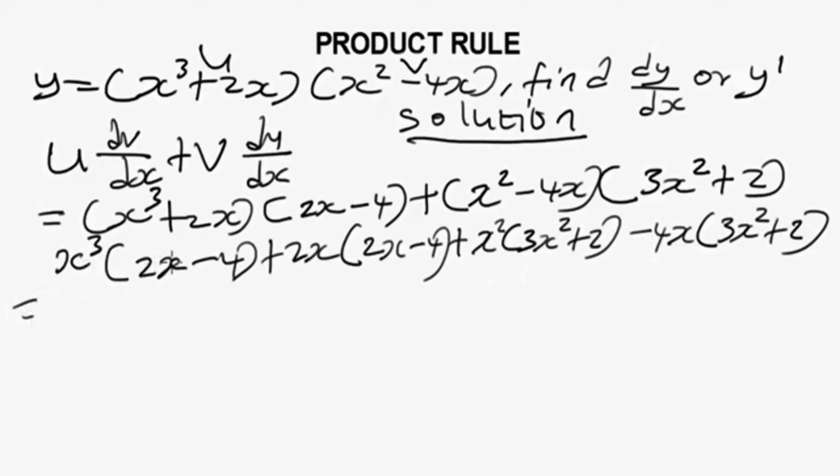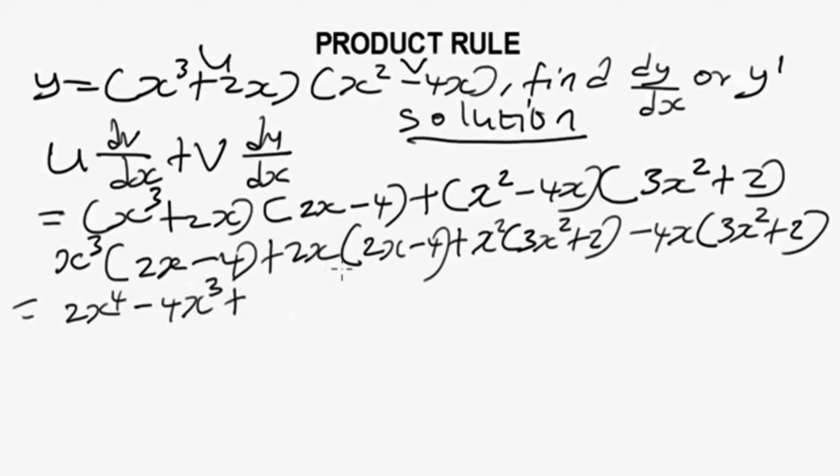Okay, so let's keep expanding, guys, and simplify this. x cubed times 2x, we're going to have 2x raised to the power 4. x cubed times minus 4, we're going to have minus 4x cubed.